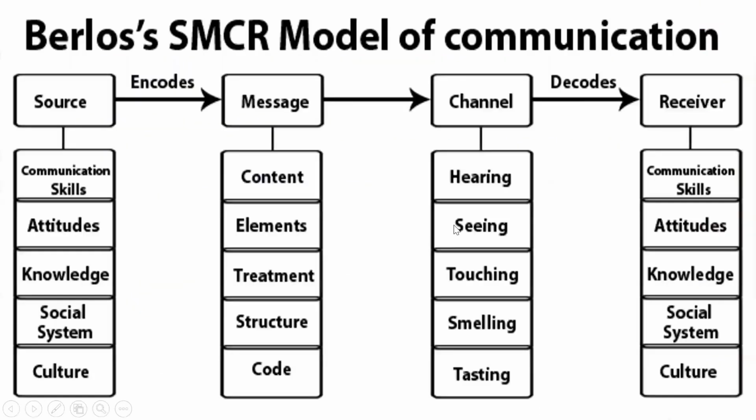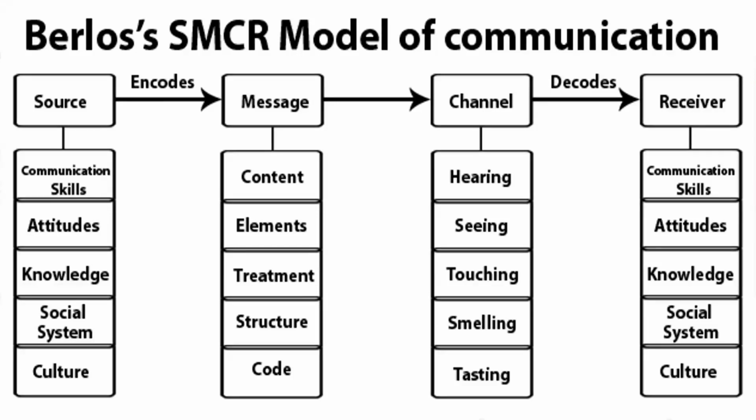Let's take a look here at the Berlo's SMCR model of communication. Let's start first with the sender. Under sender, there are some qualities. The first one is communication skills. The sender plays a significant role here in the process.